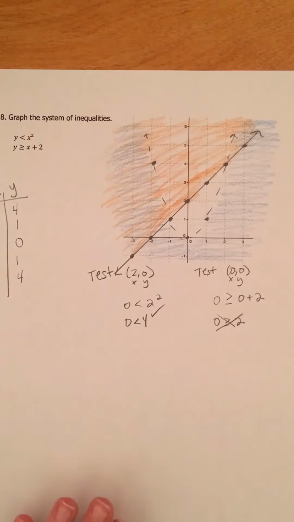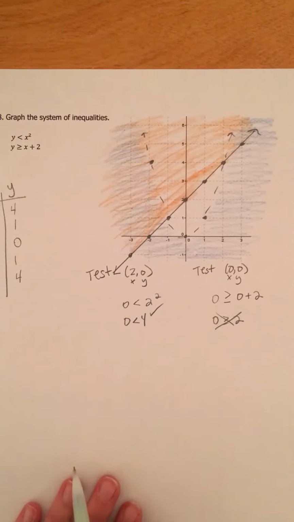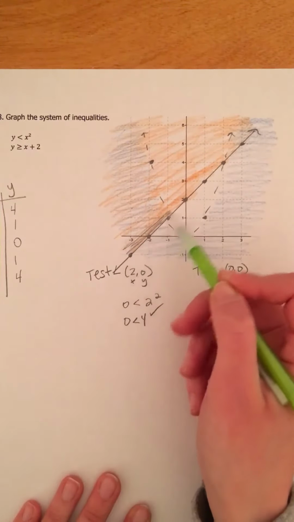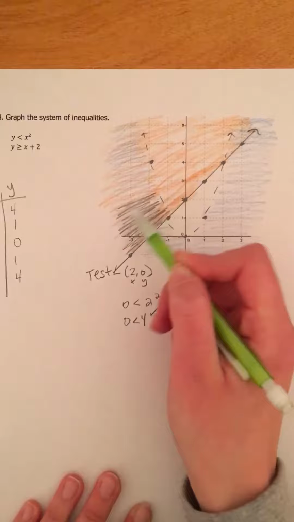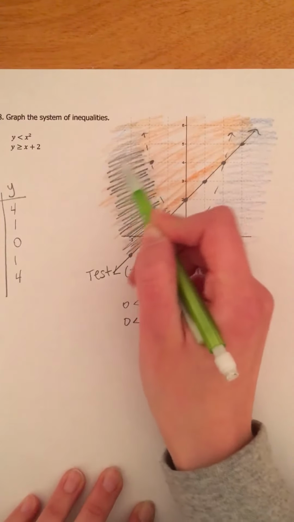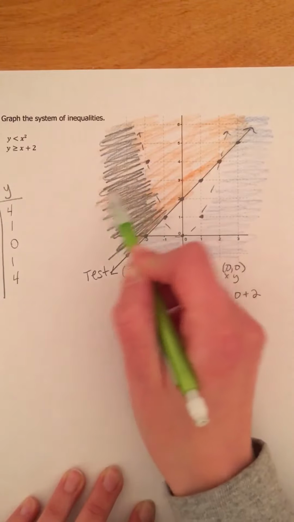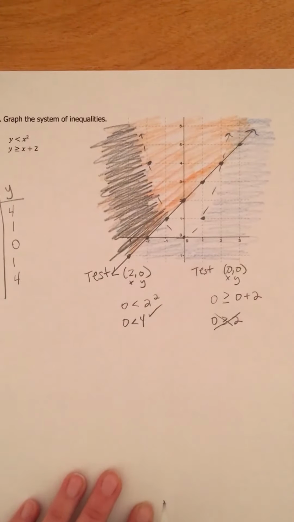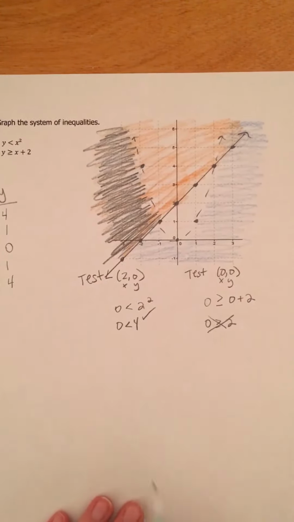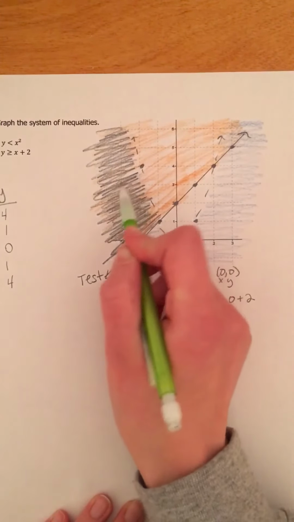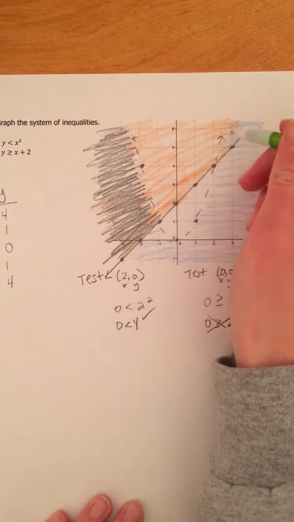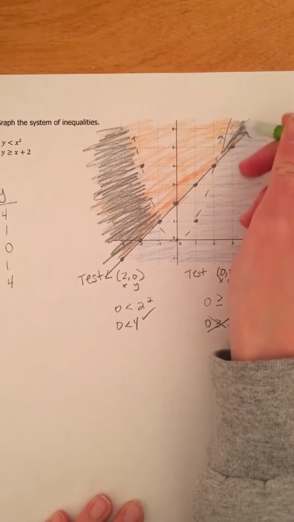I don't really have another colored pencil, so I'm just going to circle or color with my pencil where they both are covered. This one you can probably see. This is on the left side. All of that is double shaded, because that's really what we want. We want our solution. And there's also a second little spot in this area right here.